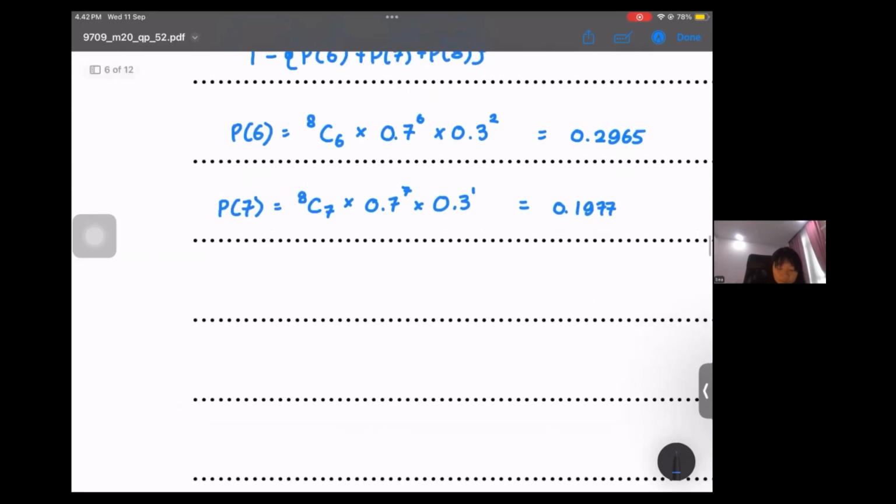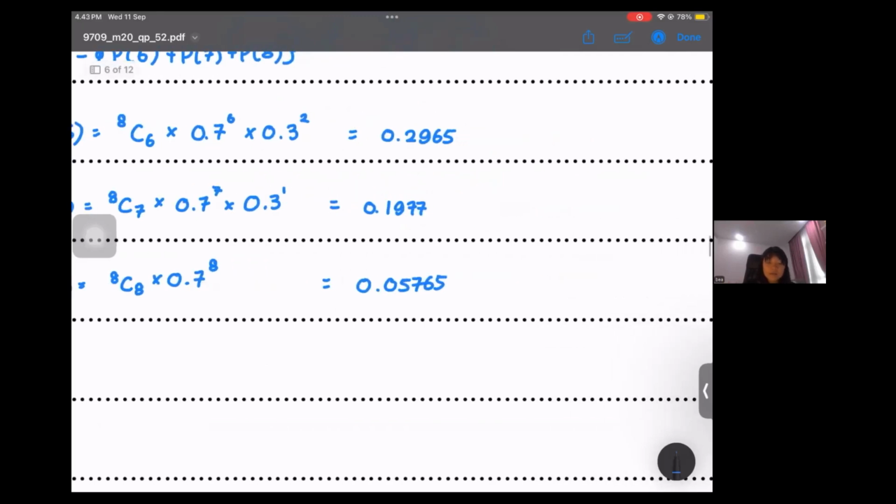Lastly, for probability 8, you'll put 8 choose 8 multiplied by 0.7 to the power of 8. Put these values into your calculator and you'll get 0.05765. Add these three values together and you will get 0.55185, rounded to 5 significant figures.